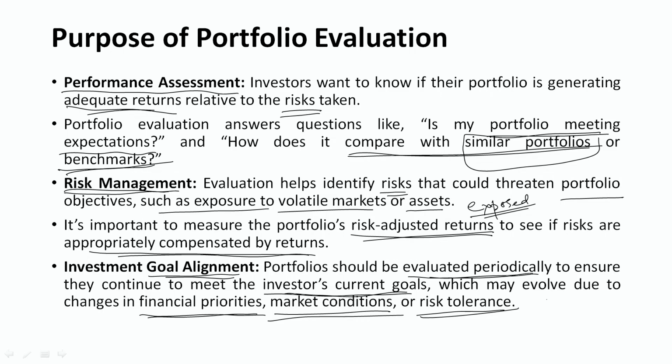The return you get is based upon the stocks you have selected, and these stocks are in alignment with the goals you have set, which depends on the financial priorities. The second is market conditions, whether the economy is in a boom or in a recessionary stage, and the third is risk tolerance.